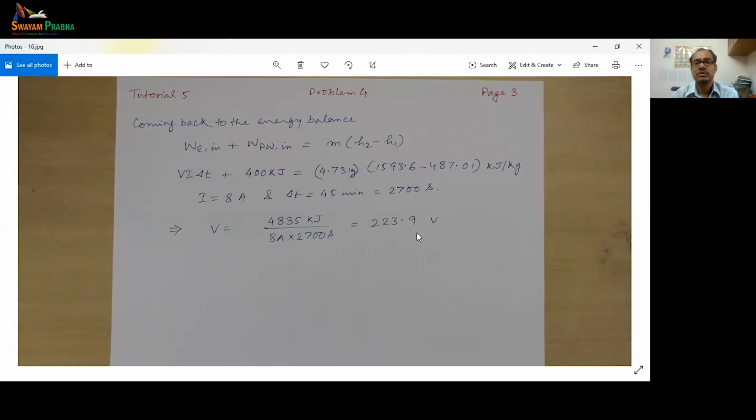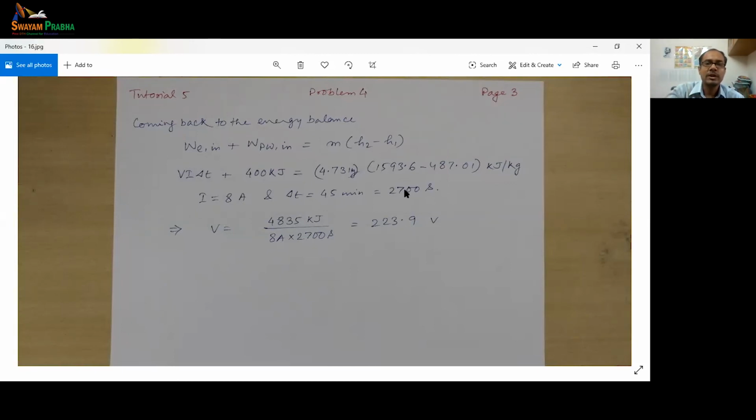Whenever you get some number, please have some physical sense of it. In India, the voltage that our terminals are supposed to give is 220 volt, though it of course fluctuates around it.